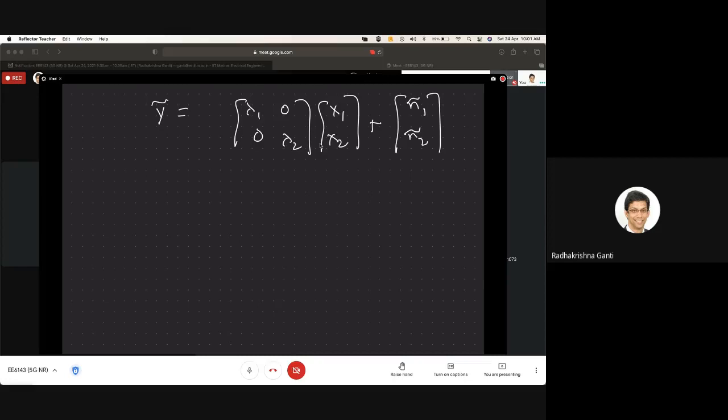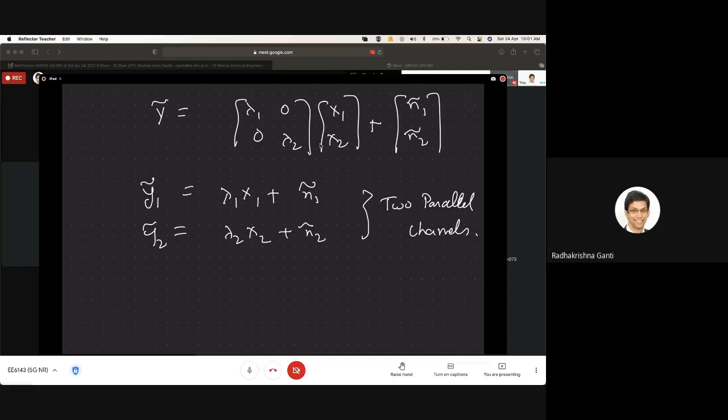If you think about this, you will get two equations. y1 tilde is equal to lambda 1 x1 plus n1 tilde. y2 tilde is equal to lambda 2 x2 plus n2 tilde. So effectively you got two parallel channels. There's no interference of x1 to the other channel, and no interference of x2 to the other channel.